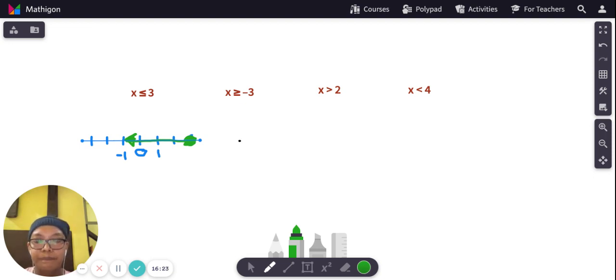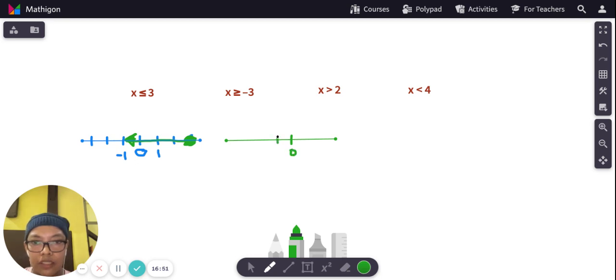Then this one, negative 3 is greater than or equal to. This is our number 2 example. So let's put 0 here.